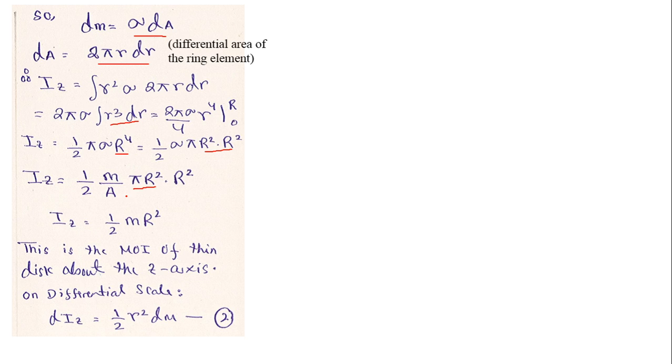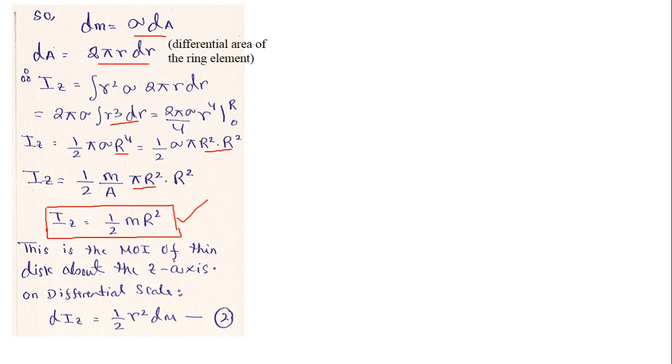So this pi R square and this A are going to cancel out, and I will have this result left, that the moment of inertia of a thin disk is equal to half m times the square of its radius. So this is the same formula that we have used for disk elements in our previous problem that we just solved, and now it has been derived as well.